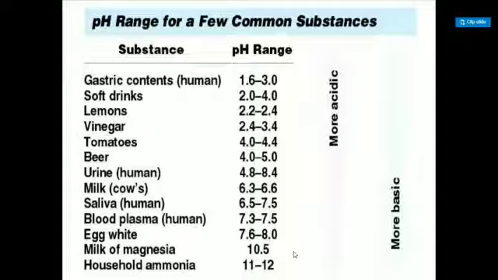Soft drinks have a value of 2 to 4, which means acidic in nature. Lemon is 2.2 to 2.4. Vinegar is 2.4 to 3.4. In this way you can see here household ammonia, where the pH range is 11 to 12, which means more basic.